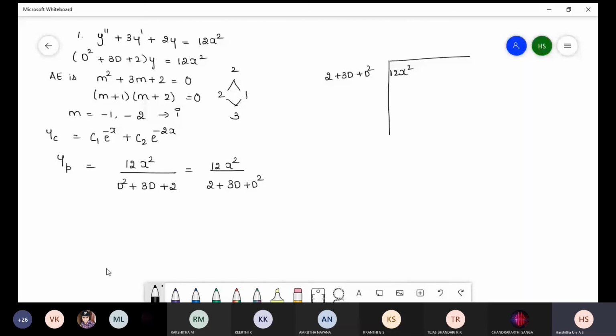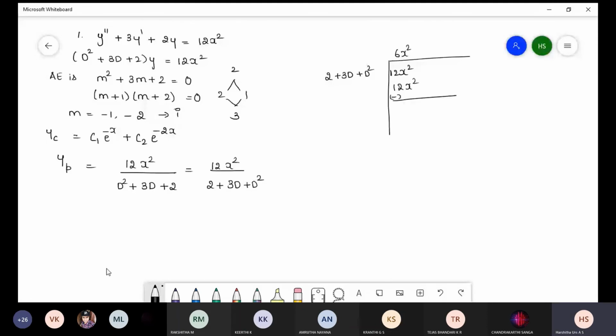So to get 12x square, what do we have to multiply with the 2? Which number do we have to multiply to get 12? 6x square. Yes. To get 12x square, we have to multiply this by 6x square. So 6x square into 2 is 12x square. Here I write it and change the sign to minus.